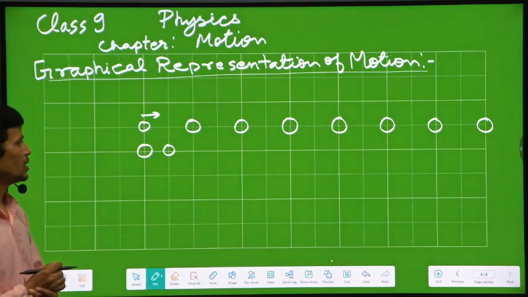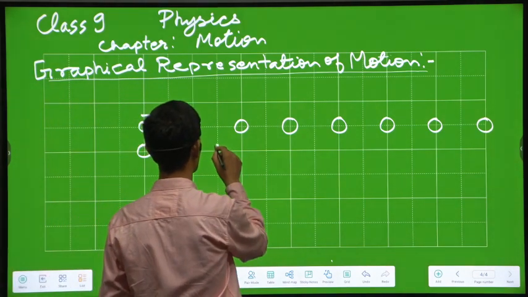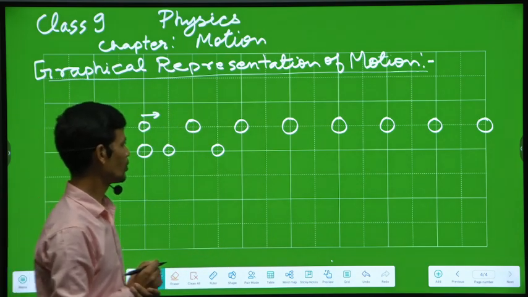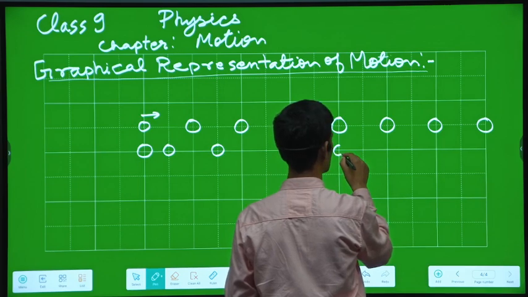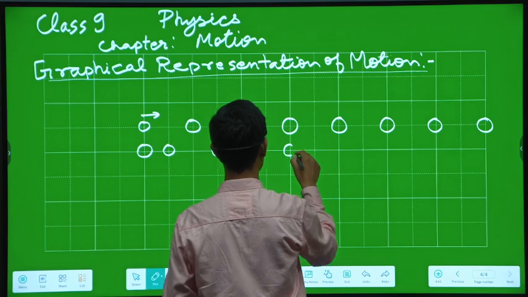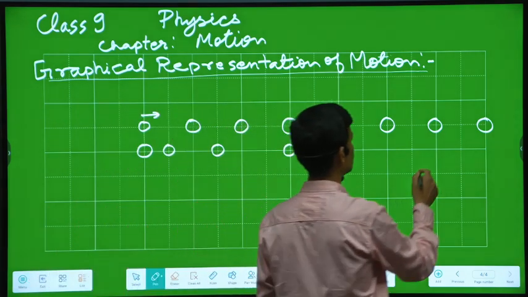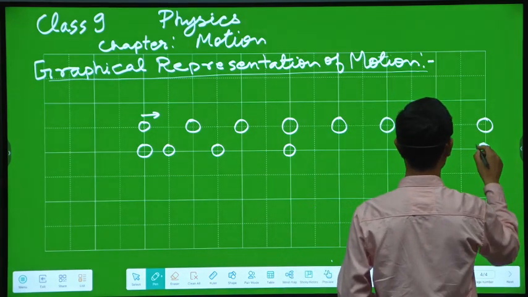After 1 second, it's showing it there. After 1 second, it's showing it there, and after 1 second it is showing it there, or even there.